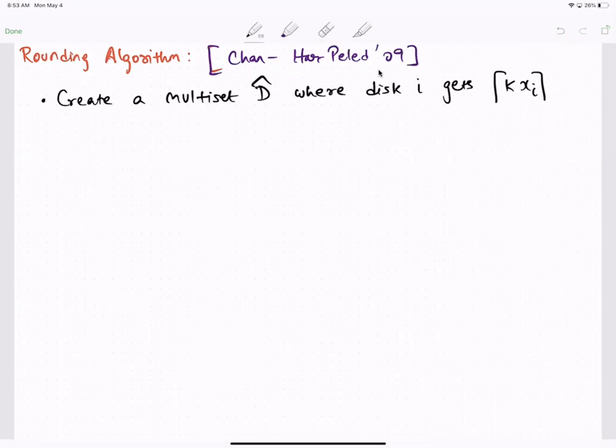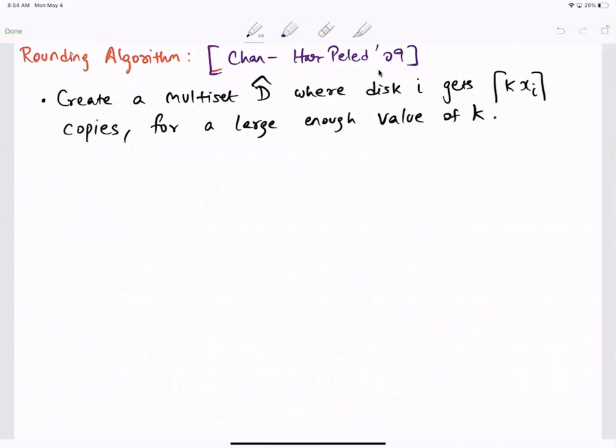Then you create this many copies for this disk i, where k is a sufficiently large value, not a constant, but a large enough value of k. This k you can determine later.